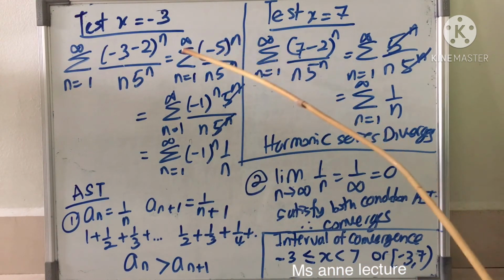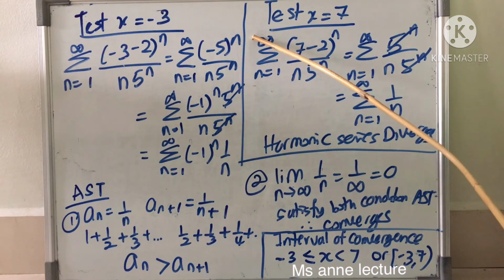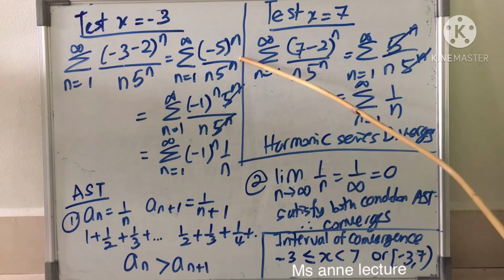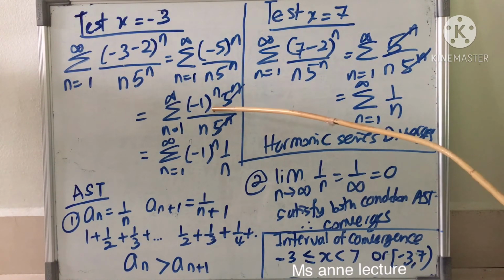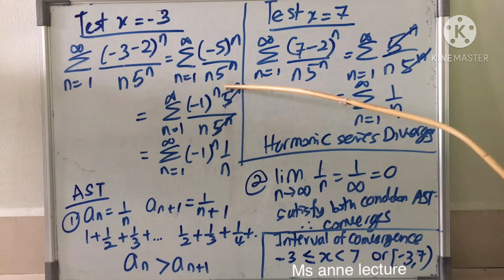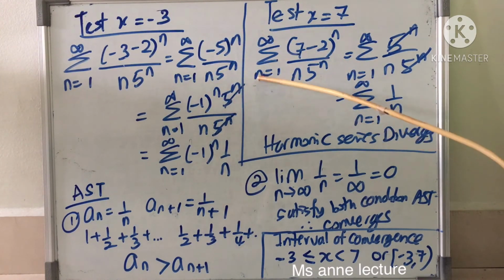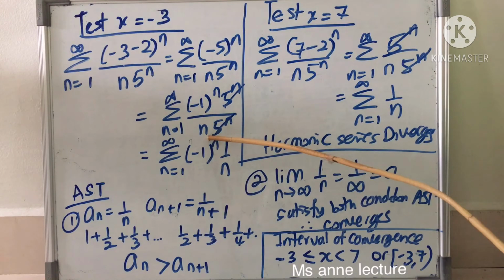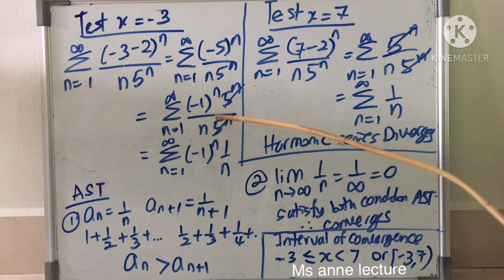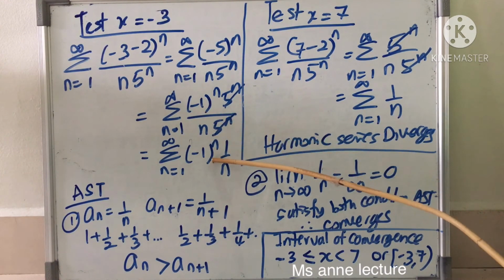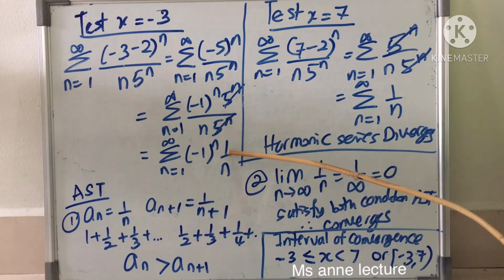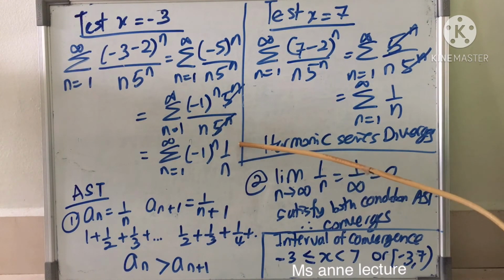Here we get negative 5 to the power of n, which we can change into (negative 1) to the power of n times 5 to the power of n, over n multiplied by 5 to the power of n. From here we cancel the 5 to the power of n to get (negative 1) to the power of n multiplied by 1 over n.